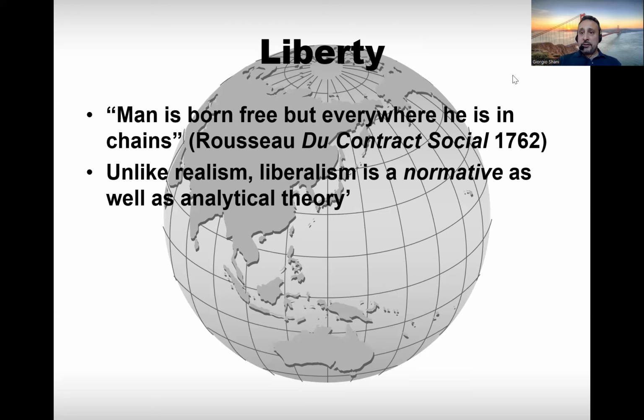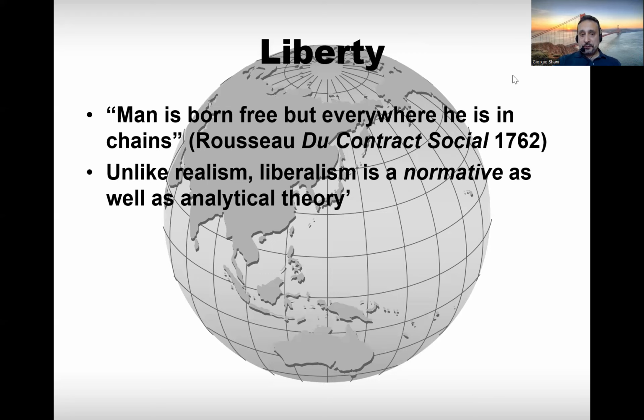However, realism works within, as we'll see later in the lecture, a world of nation states. It works within an international society. They will prefer the term society to system, structured by anarchy, meaning the absence of a common power.